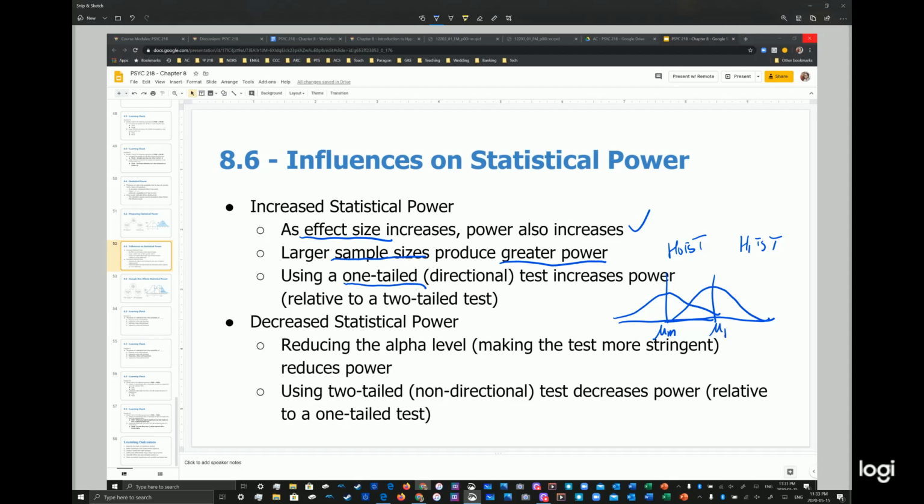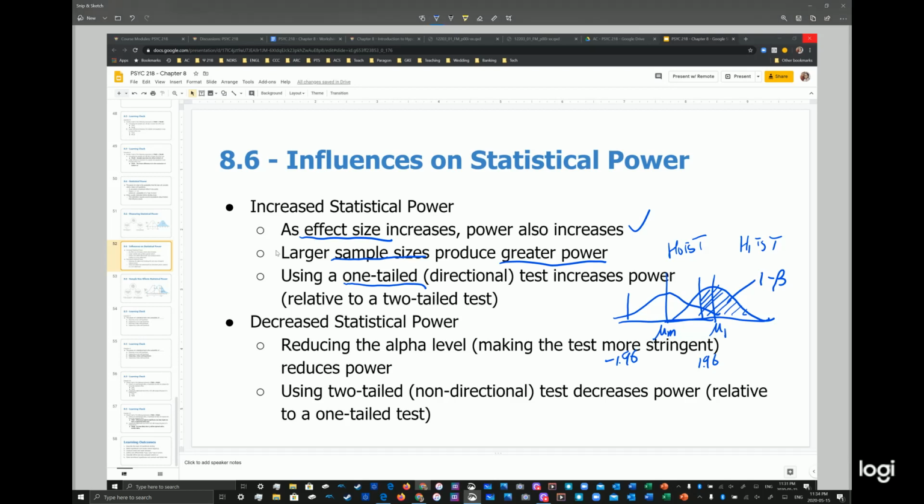But the standard error is the same. So the standard error is the same, but we change the location of your critical values. If it was a two-tailed test, it would be 1.96 if alpha was 5%. And this region right here would be power in the alternative distribution.